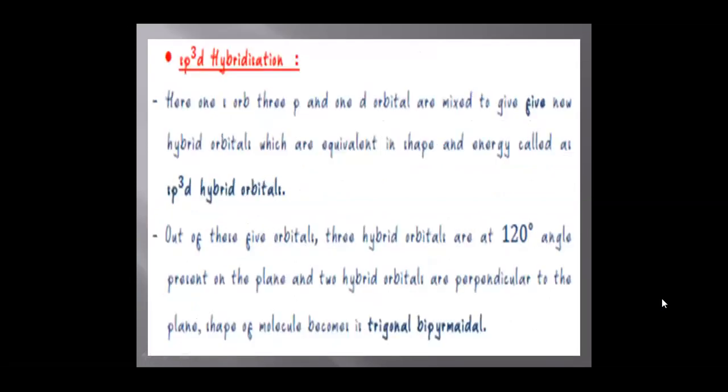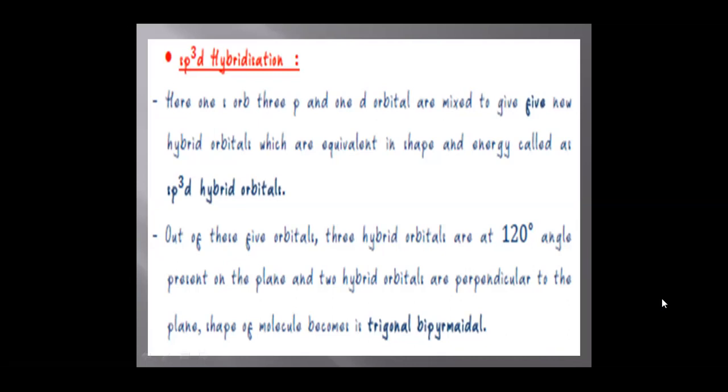sp3d hybridization. Here one s, three p and one d orbital combine to form 5 sp3d hybrid orbitals, which are equivalent in shape and energy, called sp3d hybrid orbitals.